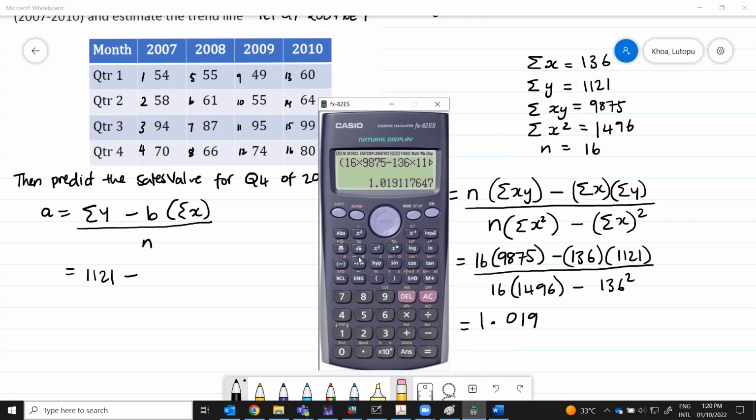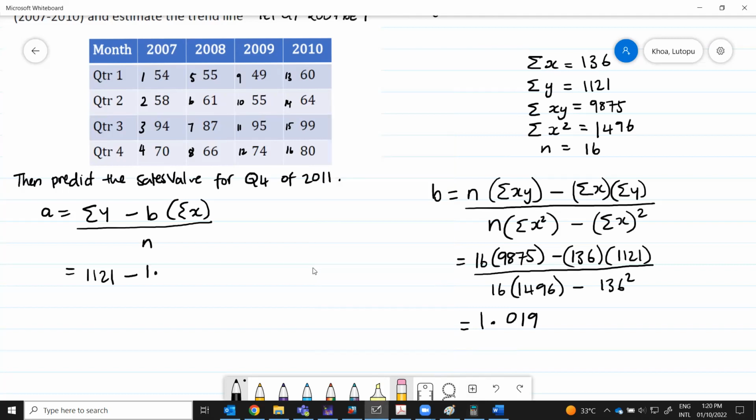So I have 1.019117647, then times the sum of the x values, which is 136, and then this is divided by 16.